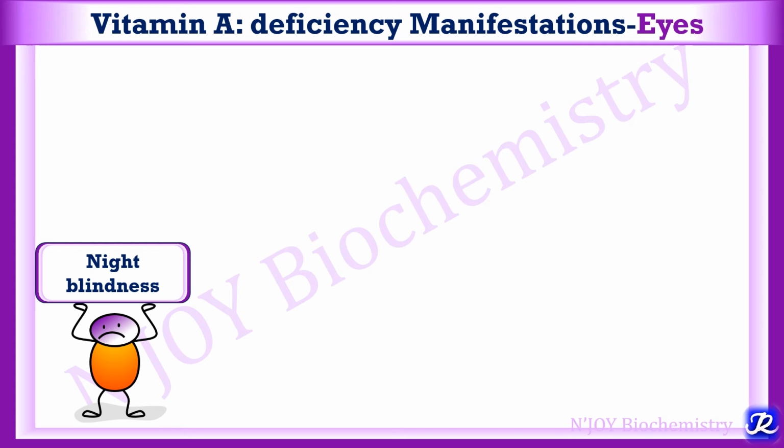Night blindness is difficulty for the eyes to adjust to the dim light, and people with night blindness have poor vision in the darkness, but they can normally see when adequate light is present. Vitamin A deficiency leads to decreased amount of rhodopsin in the eye as retinal is inadequate to bind with the opsin. Here in night blindness, dark adaptation time is prolonged. So this is the first deficiency manifestation.